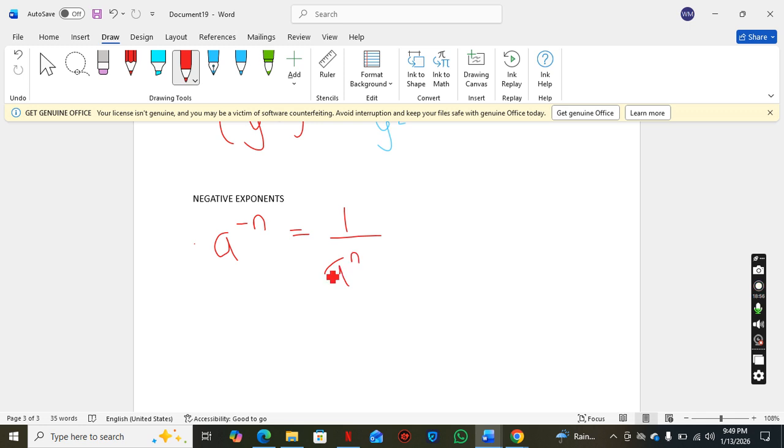Alright, so for example, if you see 3 to the power negative 2, it's the same as saying 1 over 3 to the power 2, and this becomes 1 over 9.